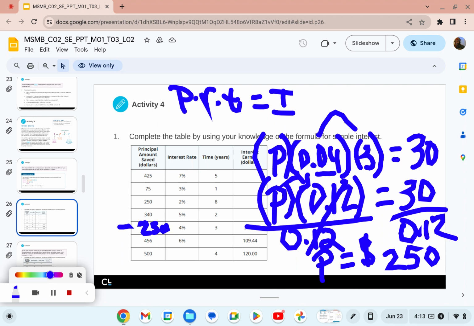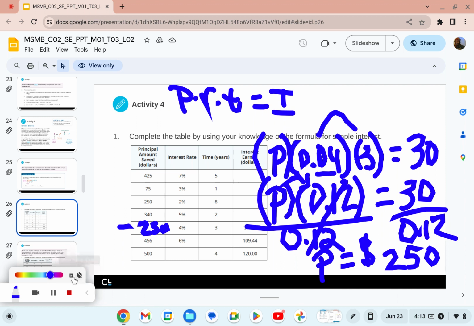So I've got 250 times 0.04, right? 250 times 0.04 gives me 10. Does that make sense? My numbers are getting smaller, times 3, which leaves me with 30. And that is the answer. That was the interest earned. You can't see it because I kind of covered it up. But that is correct.